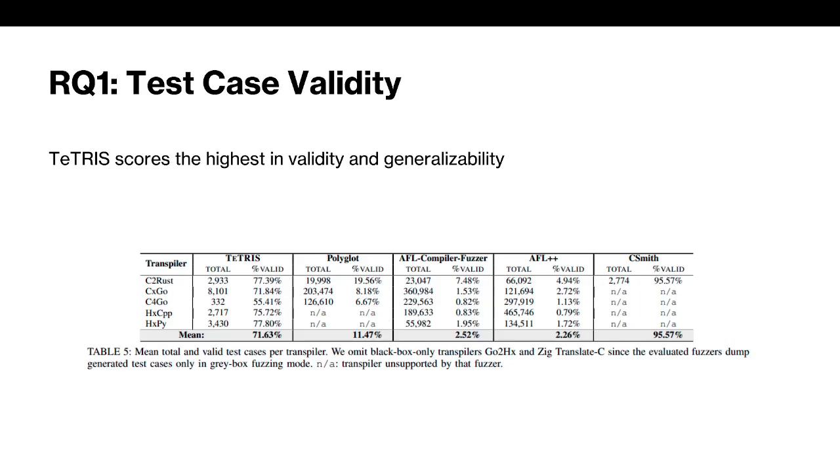Polyglot got around 11%, but didn't support Hack. TeTRIS worked for all of the language inputs and scored very high on the number of test cases that it generated.